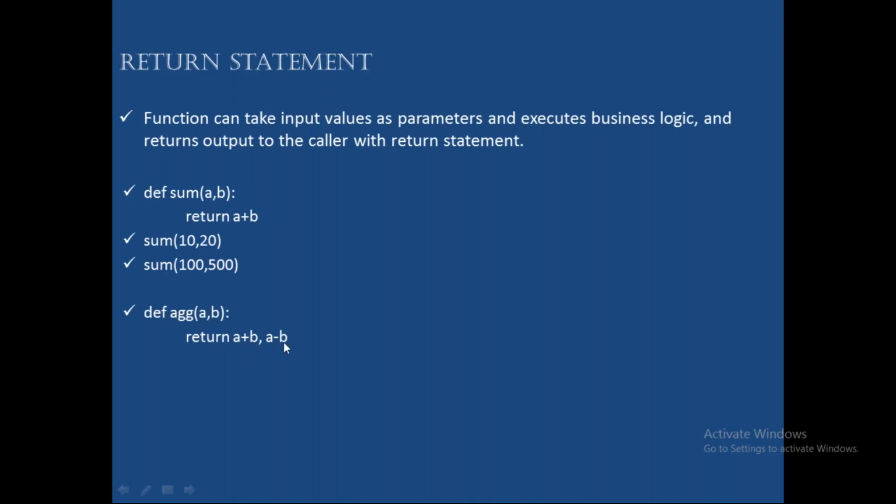When I say 10 comma 20, what values will I get? 30 comma minus 10. Next, when I say 100 comma 500, I will get 600 comma minus 400. Okay, clear?